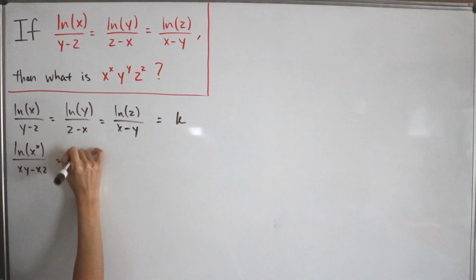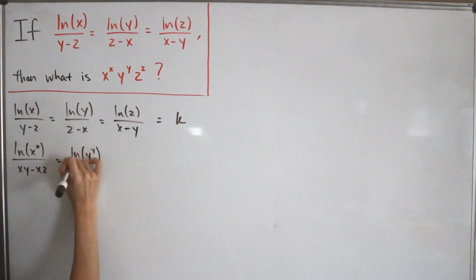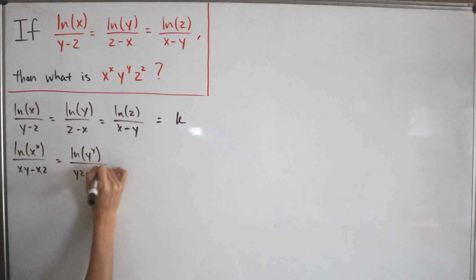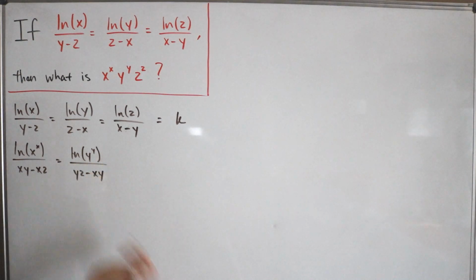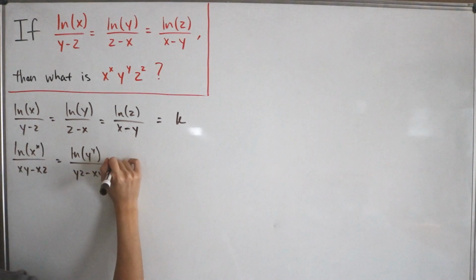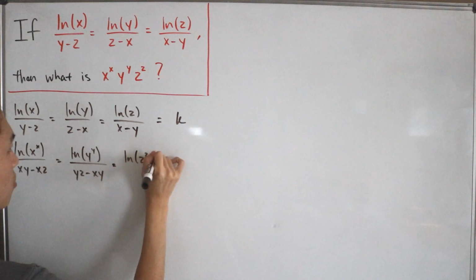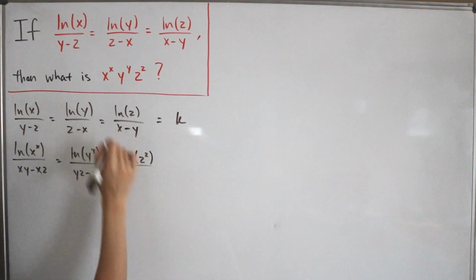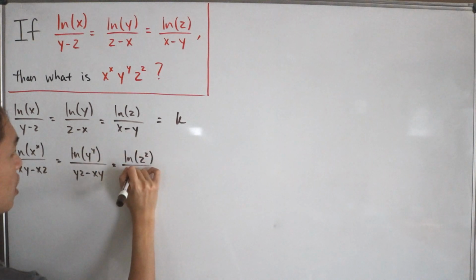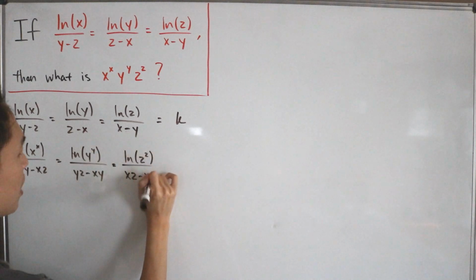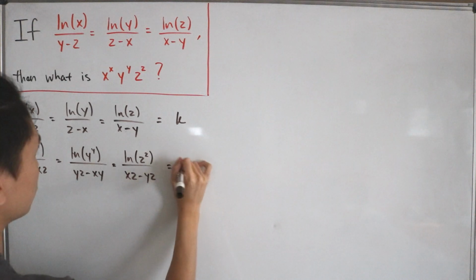Set this equal to ln of y to the power y, divided by y times z minus x times y, or y times x, whichever you want to look at it. Commutativity, so it's nice. And now I have ln of z to the power z, and distributing z over here, it's x times z minus y times z. And that's still equal to k.